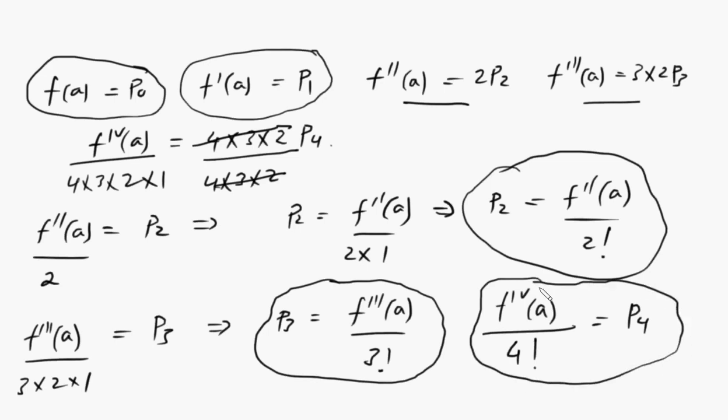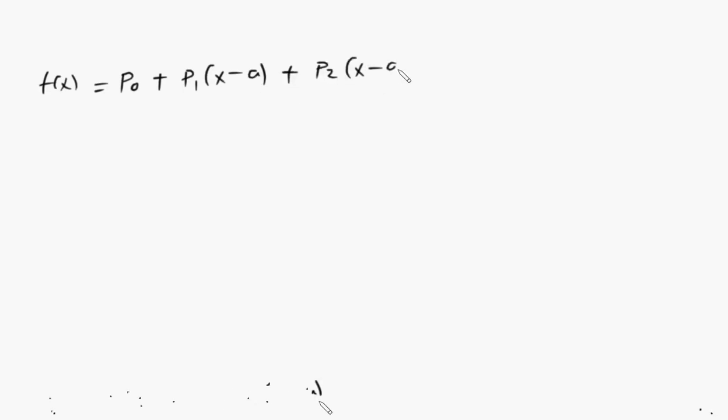So now remember what our fx was. Our fx was p0 plus p1 times x minus a plus p2 times x minus a squared plus p3 times x minus a cubed plus p4 times x minus a power 4 na kuendelea.